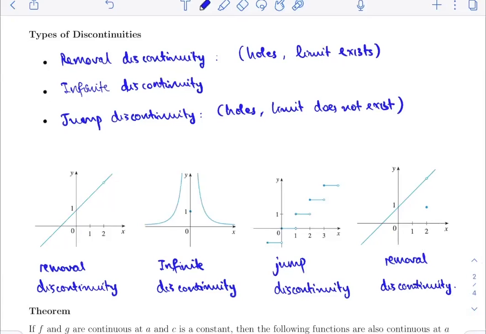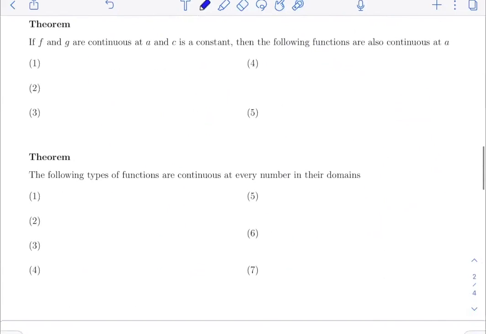Now let's move on to a couple of theorems. For the first theorem, if f and g are continuous functions at a and c is a constant, then the following functions are also continuous at a. The first function is c times f, so if f is continuous, the constant multiple function is also continuous at a.